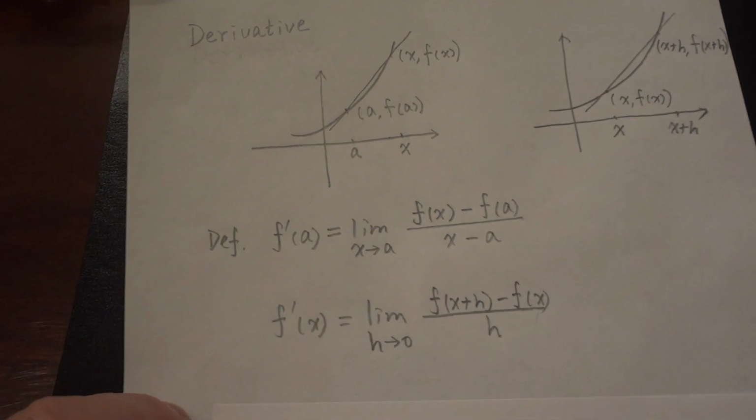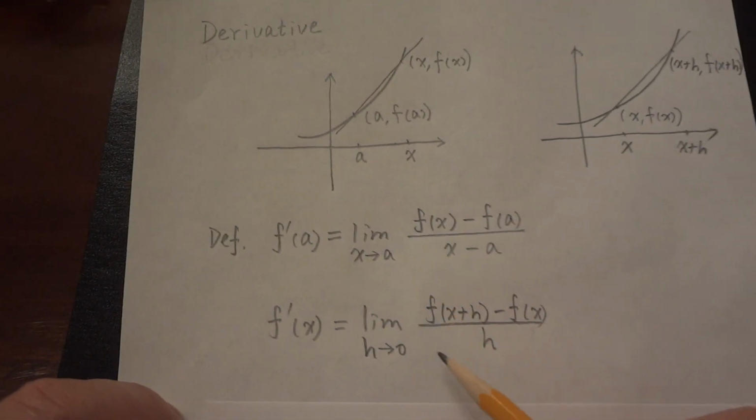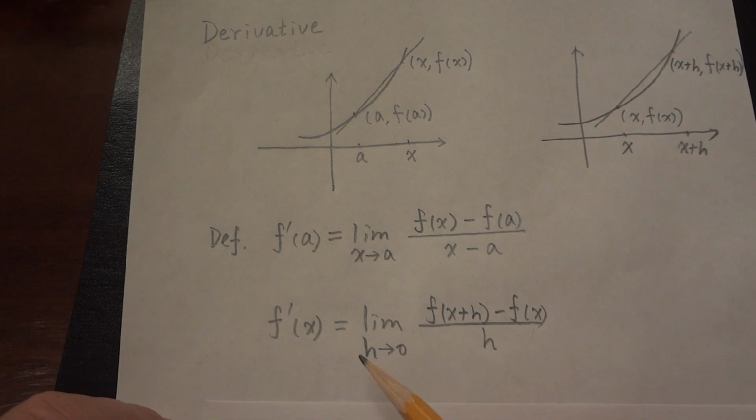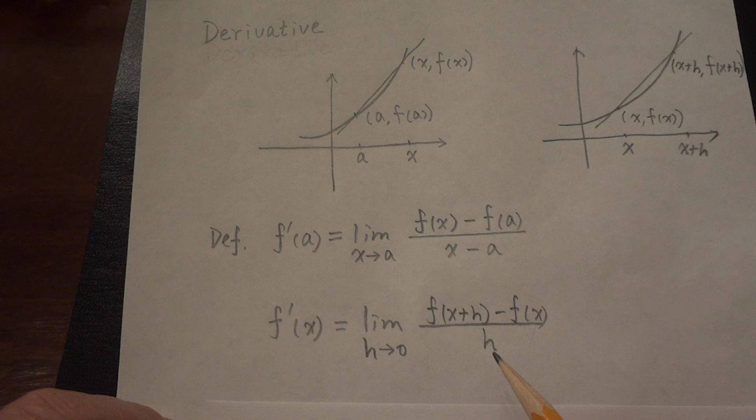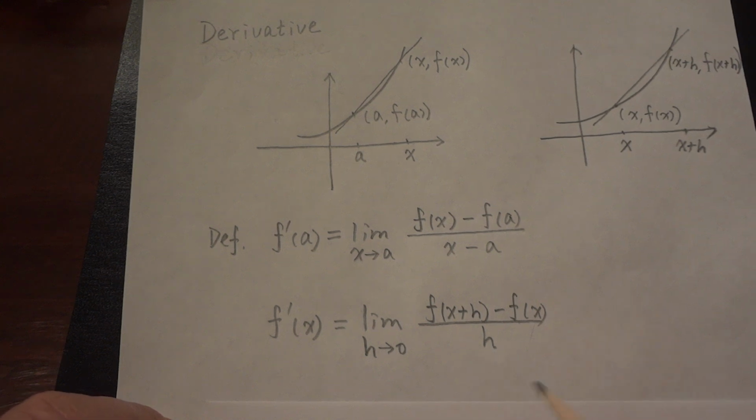And therefore, we obtain the limit of the slope of the secant line, which is our derivative. So we have the following formula. f prime of x is the limit as h goes to 0 of f(x plus h) minus f(x) divided by h. Both are definitions of the derivative.